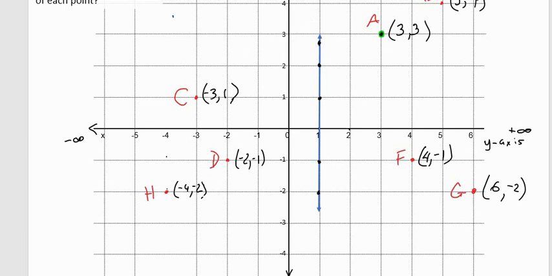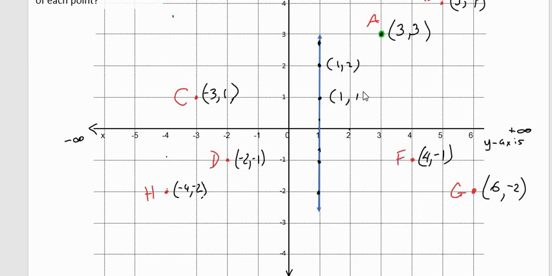All of these points have an x location of 1, because the straight line cuts through the x-axis at 1. So this point will be 1, 2.